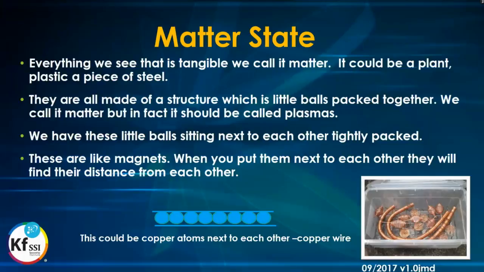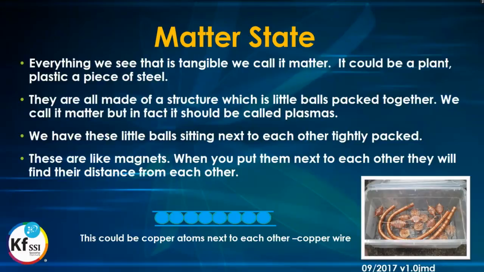So we know what the matter state is. Everything that we see that is tangible, we call it matter. Whether it was a plant, a piece of plastic, or a piece of steel, we've always known it as, well, that's matter. They are all made up of a structure which is little balls packed together. We call it matter, but in fact it should be called plasmas.